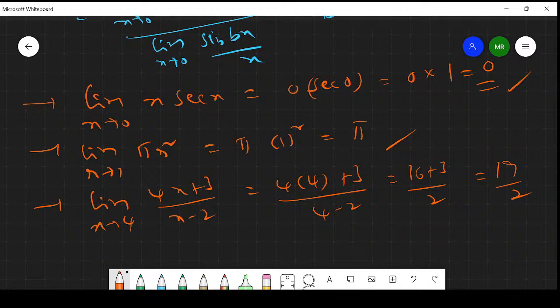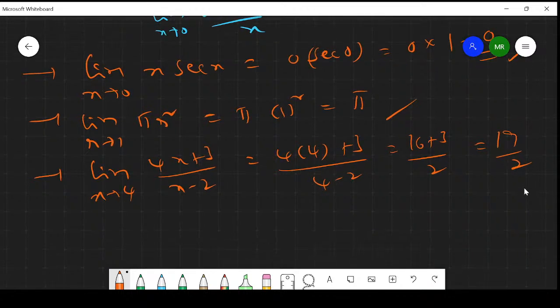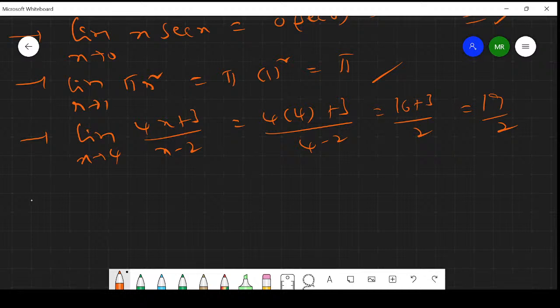Right. See another one. Limit x tends to 0, sin 4x by sin 2x.